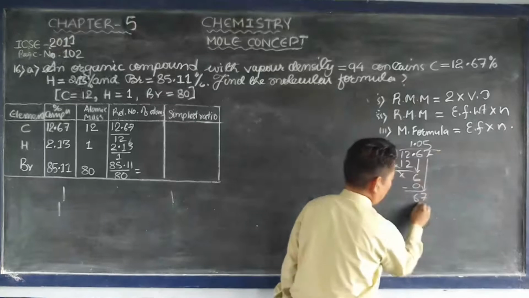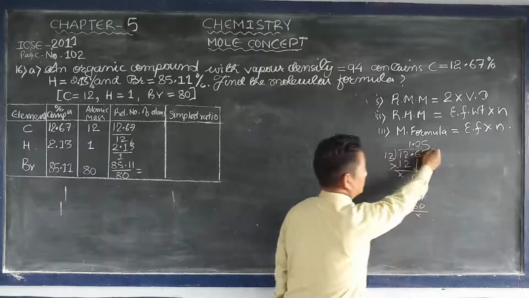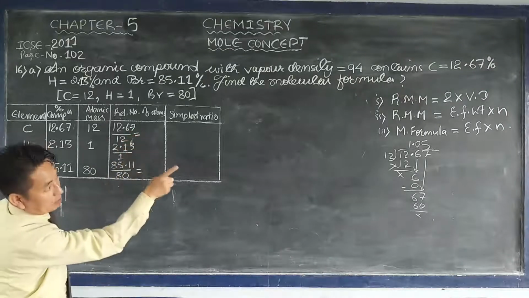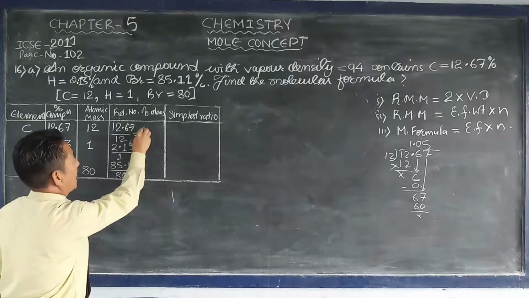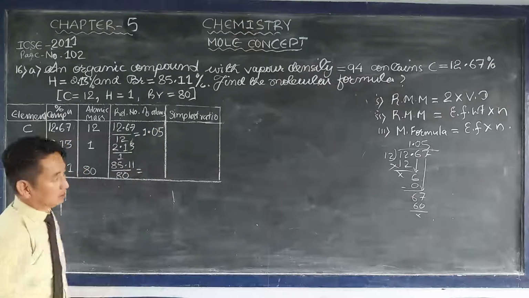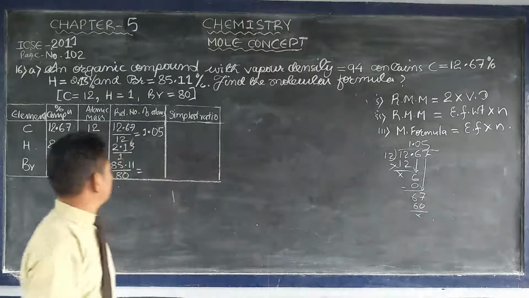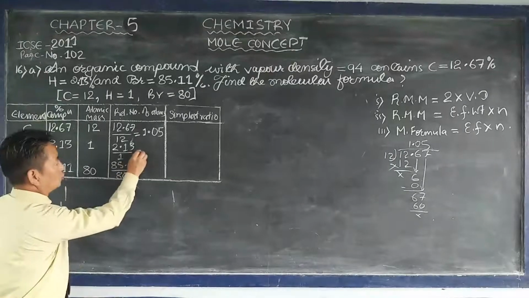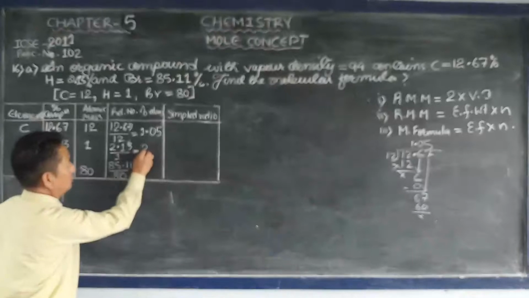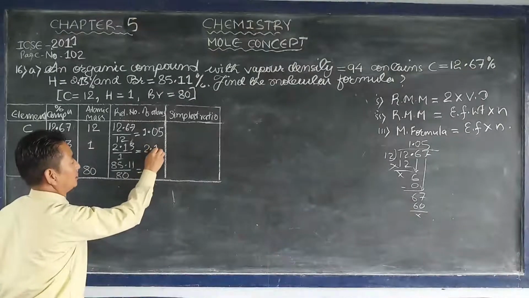We write this still here, 2 places after decimal. Here relative number of atoms is 1.05. Now here 2.13 is divided by 1, so this will be 2.13 only.